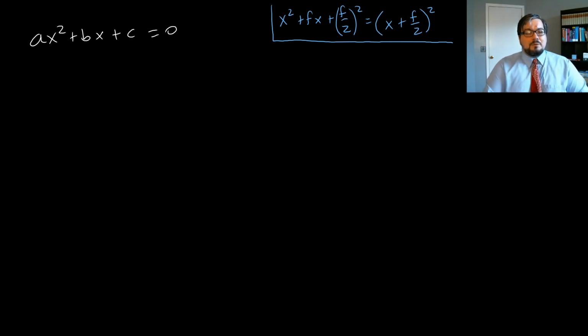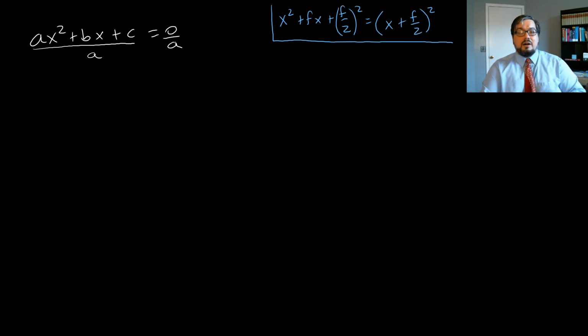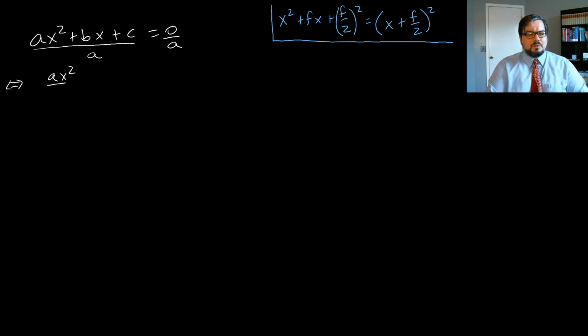So the first thing I'm going to do actually is get the x squared to have a coefficient of 1. So we're going to divide both sides of this equation by a. And we're allowed to do that by our standard algebraic techniques. So this equation is equivalent to what I get when I write ax squared over a plus bx over a plus c over a equals 0.